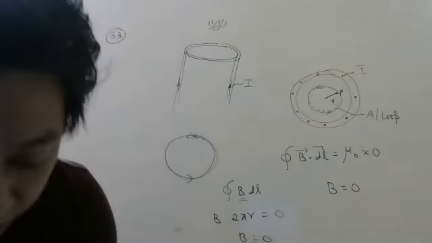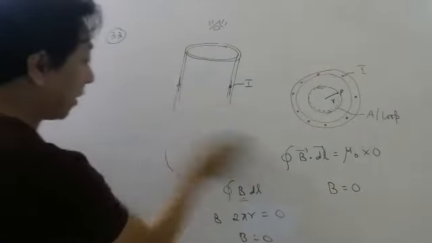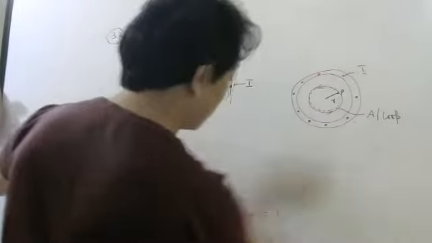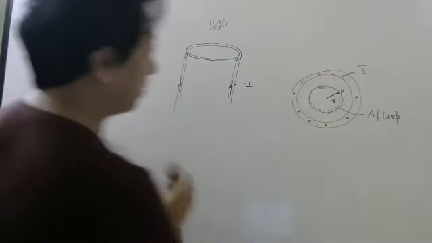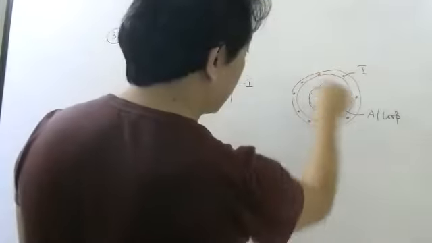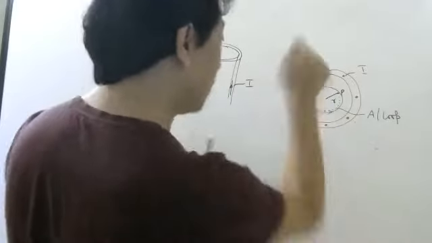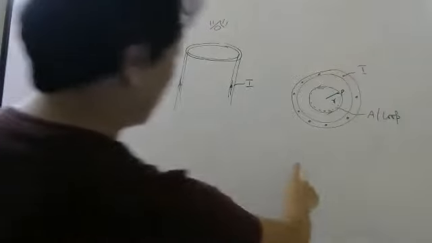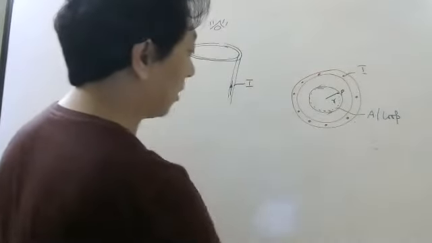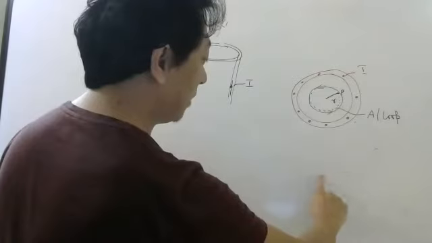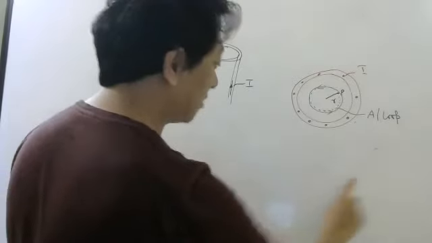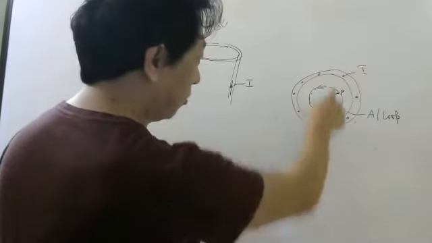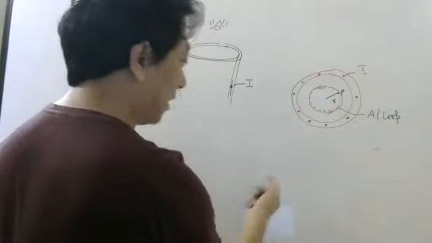Okay, students. So inside the tube, the magnetic field is 0, because even if there is a magnetic field, by symmetry it has to be circular only. There is no other option. But since integral B dot dl is 0, and B dot dl will be B dl cos 0, and B is uniform, you can take B outside.